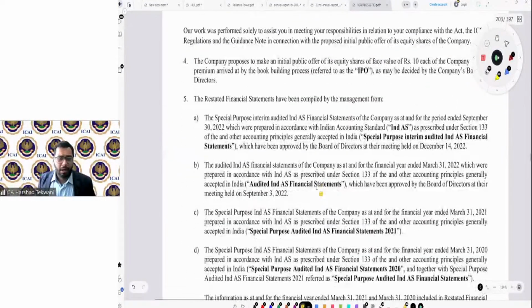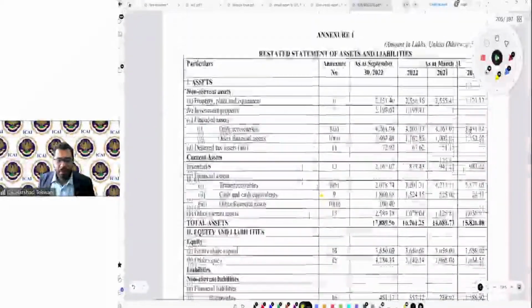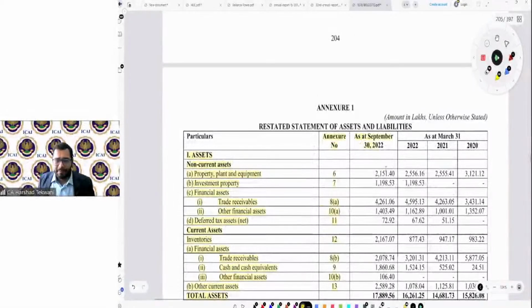This is a special purpose interim audit financial statement which was issued for the prospectus, so it is part of the RHP that has been issued. I'll just show you one example. This is the financial statement. These are the comparative financial statements presented along with the restated comparative financial statement as a part of the RHP.